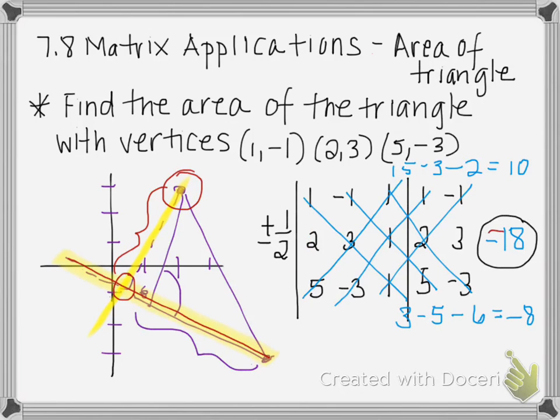Well, in this case, I've got a -18. So to get my area, hopefully it's obvious that I'm going to multiply by a -1/2, so that it comes out as a positive area. Therefore, the area of the triangle is going to be -1/2 times -18, and that is going to give me 9.